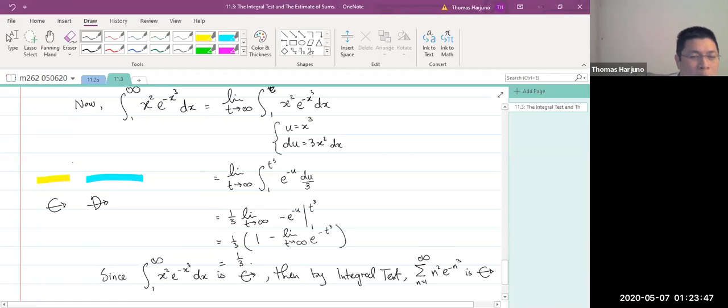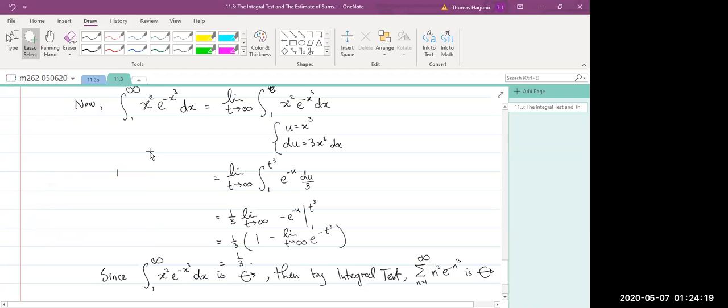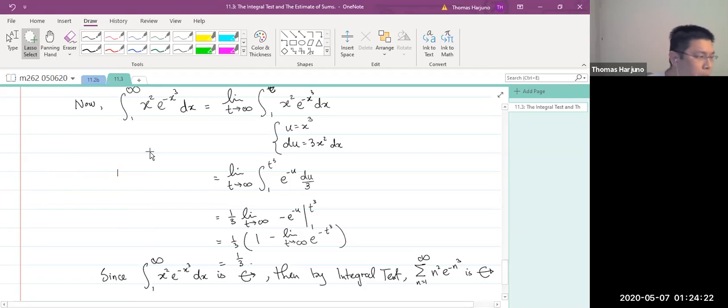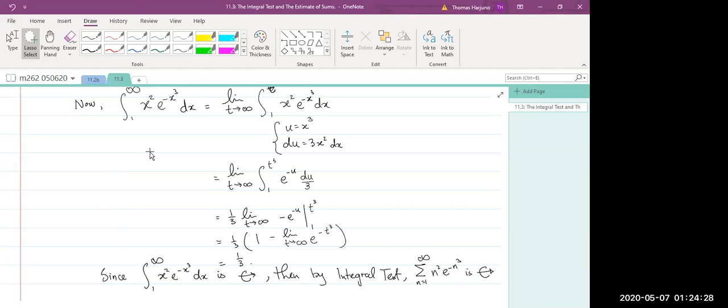We may be dealing with more than one series, so when you say the series is convergent, it is not clear whether this series refers to this one or that one. So instead of saying the series is convergent or divergent, be explicit and say what series you are talking about. Sometimes I understand from the context, but when it comes to proving, there are plenty of things we need to show.